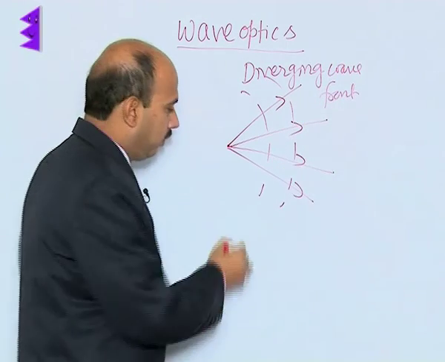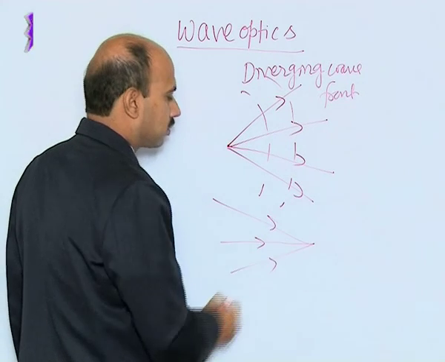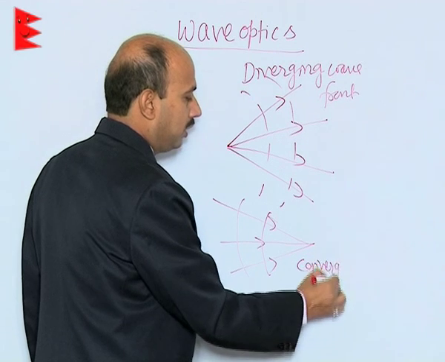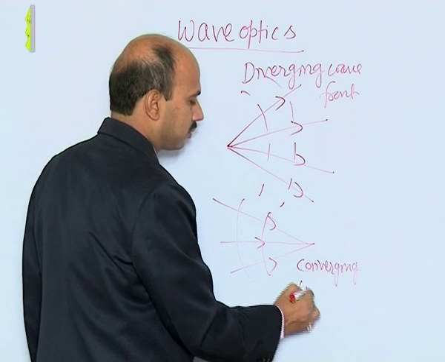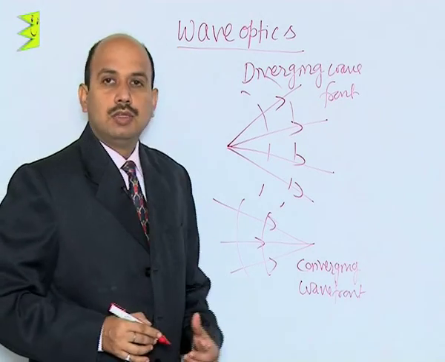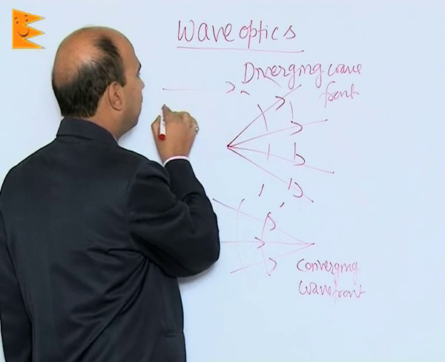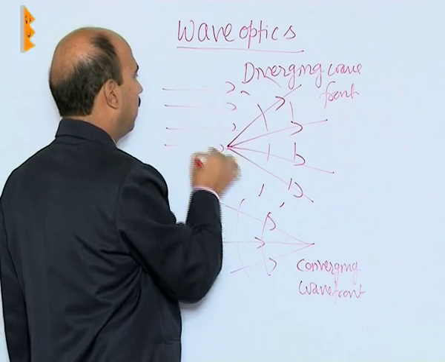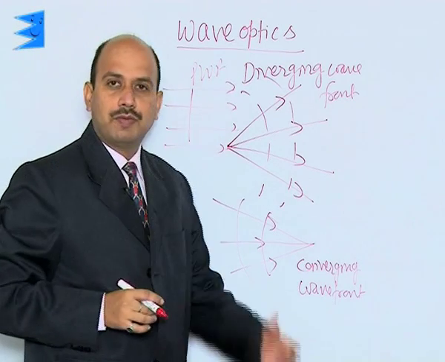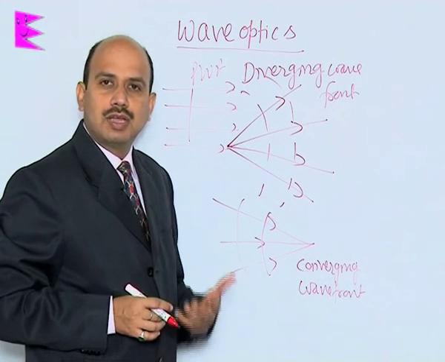Suppose the rays are converging at a point like this, then we call it a converging wavefront. So, these are the two other types, and for the plane wavefront we can also draw lines like this, and this one is also taken as PWF, the plane wavefront. So, we can also discuss these three types of wavefront: converging, diverging and plane wavefront.